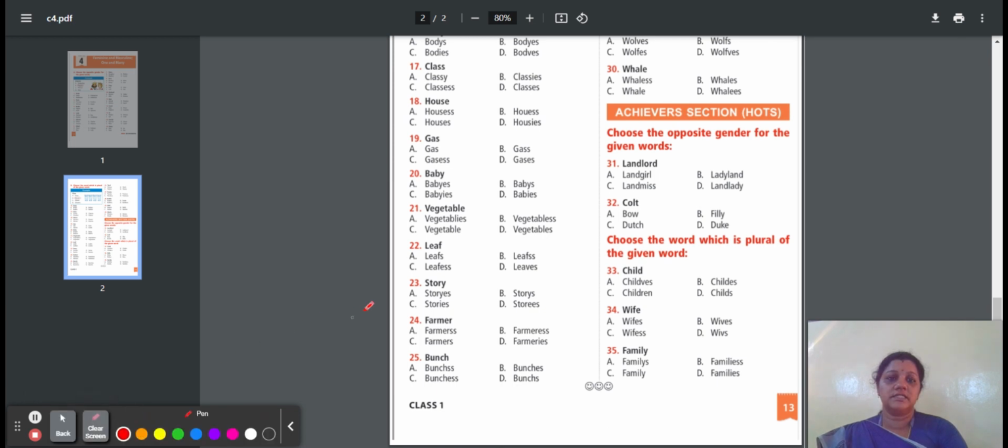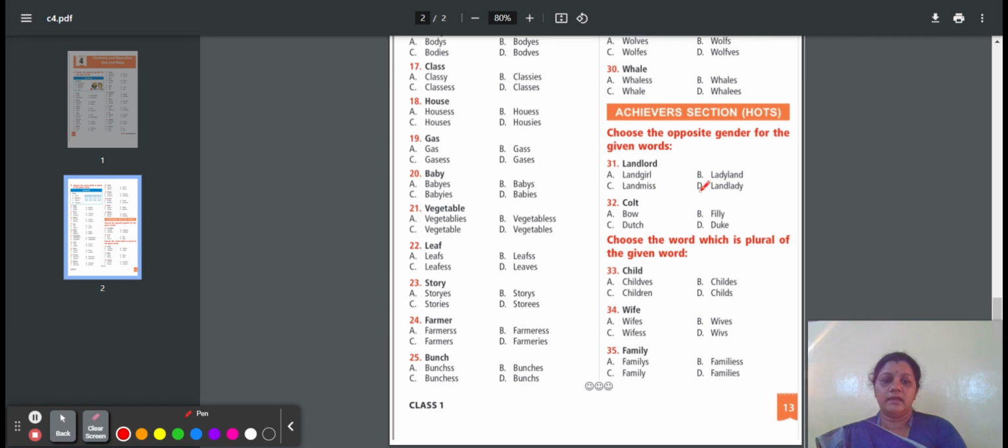Next one is achievers section. Choose the opposite gender for the given words. 31. Landlord. It means a man who rent a house to people. Here is the option: land girl, lady land, land miss, landlady. Land girl, a woman farm worker.